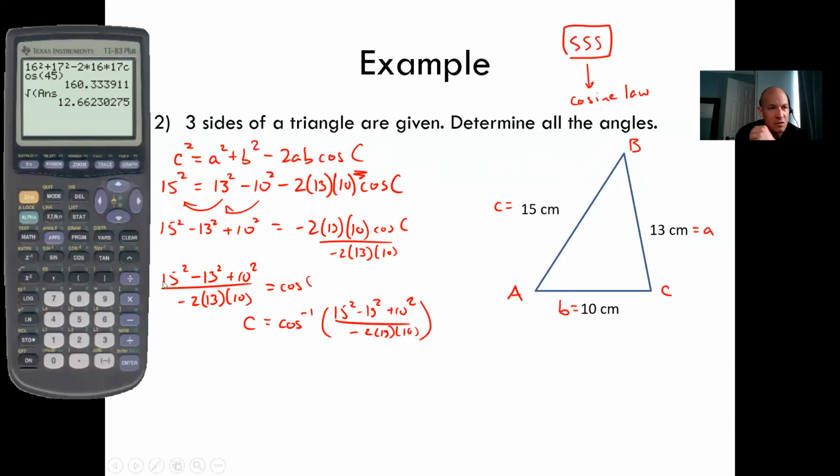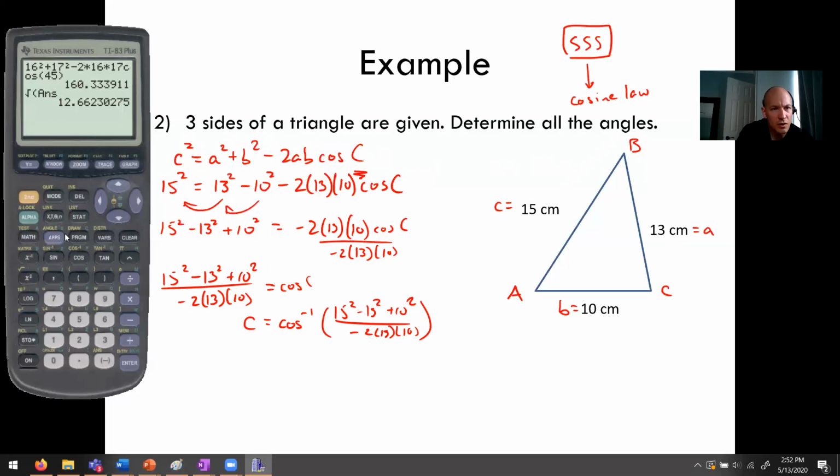Okay, so I'm going to actually do this all here. So I'm going to go second function, cosine, and then I'm going to go 15 squared minus 13 squared plus 10 squared. Okay, now this is where you got to be real careful here, actually. So make sure you put brackets all around. If you want to be really safe, in fact, this is maybe the way I would recommend it.